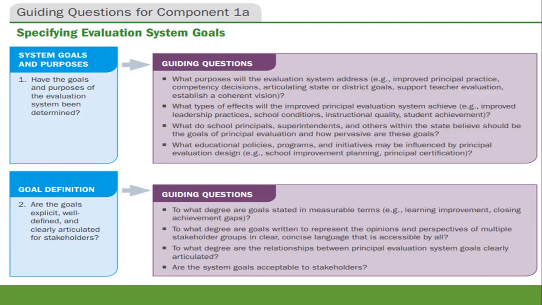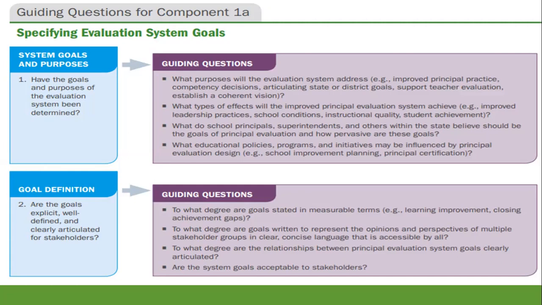Second, what types of effects will the principal evaluation system achieve? For example, improved leadership practices, school conditions, instructional quality, students' achievement.